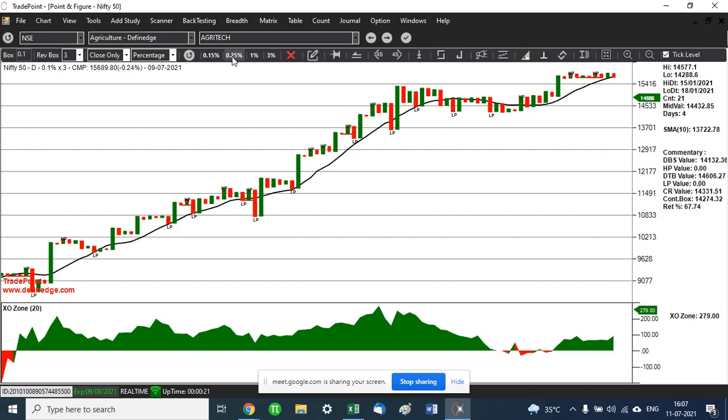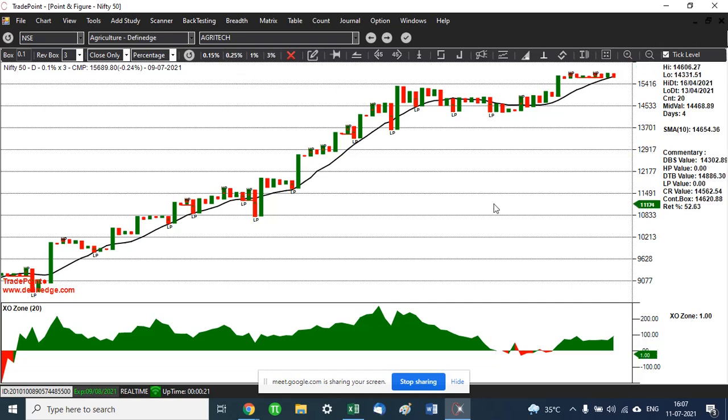You see here, these are the default values on the TradePoint software which are already given. 0.15% is something which we can use for intraday. If you use 0.15 on a per minute chart, it becomes an intraday. 0.25 is daily, 1% is weekly, and 3% is monthly.